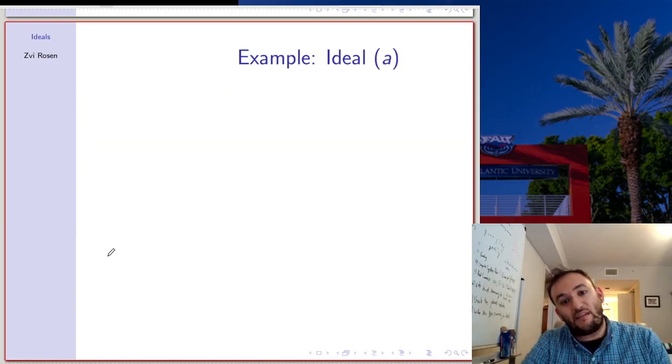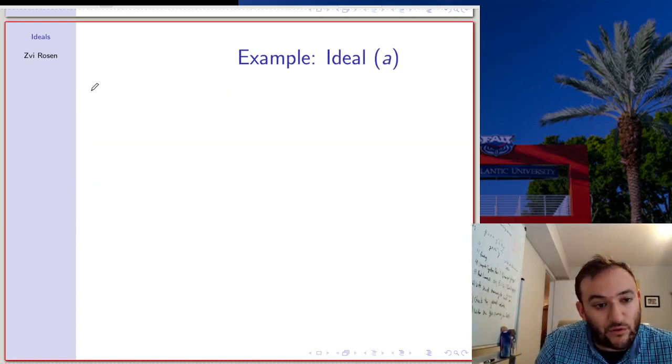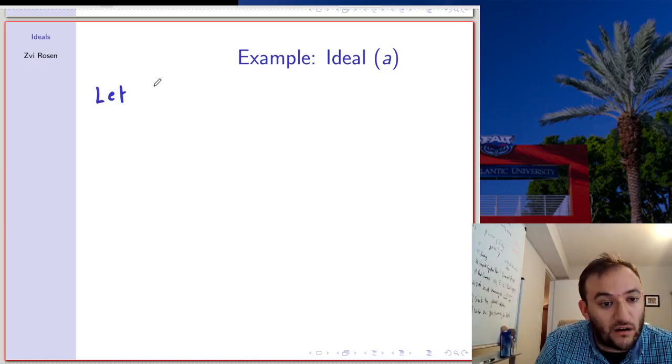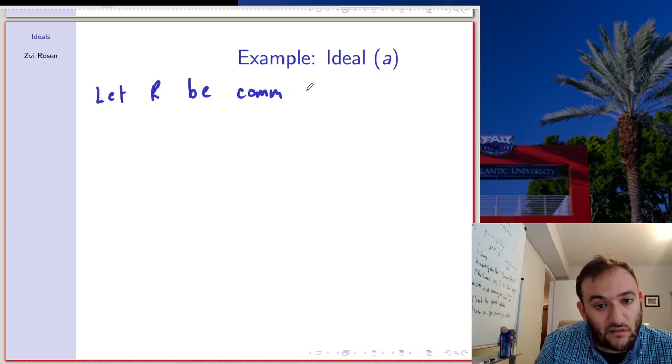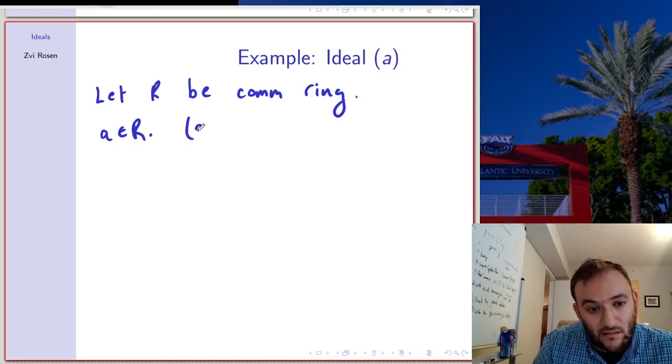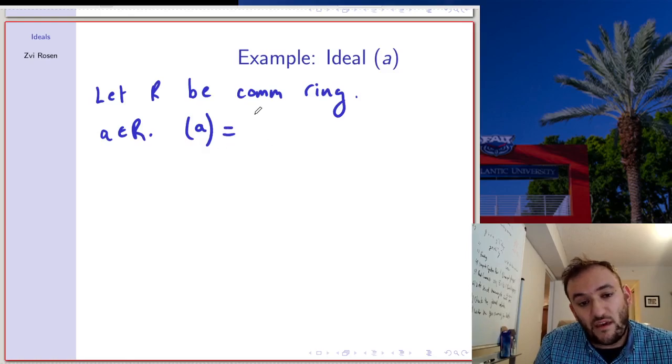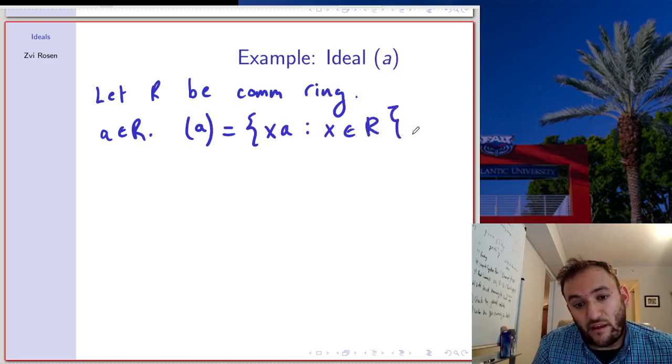One last example of an ideal. If we have a ring R, let's say it's commutative, and A in R, then we define the ideal generated by A to be the set of all elements of the form XA, where X is some element of the ring.